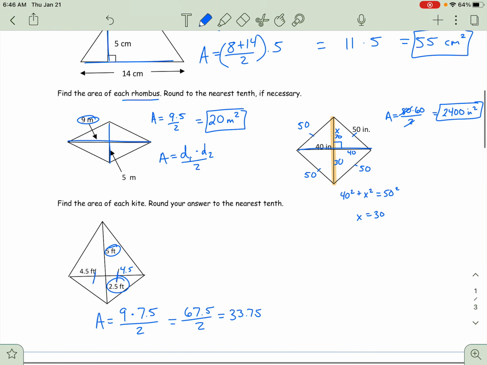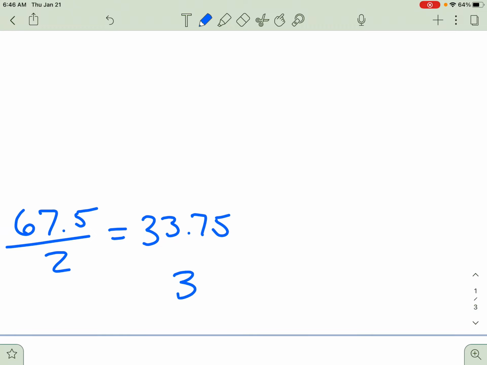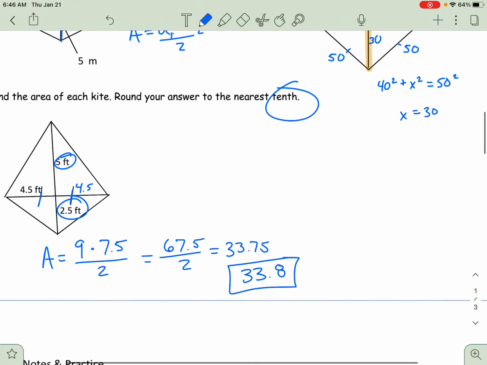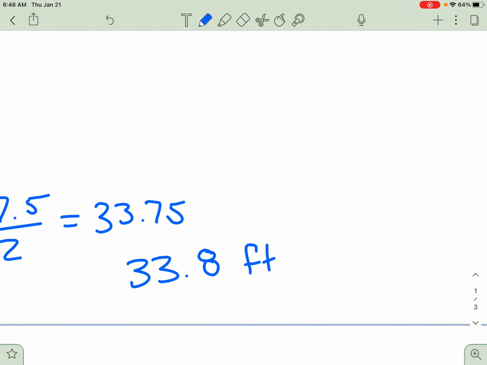So there's your area of that kite. Now, it does say round to the nearest tenth. Always pay attention to the directions. So the answer for this one would be 33.8. That's feet, sorry.